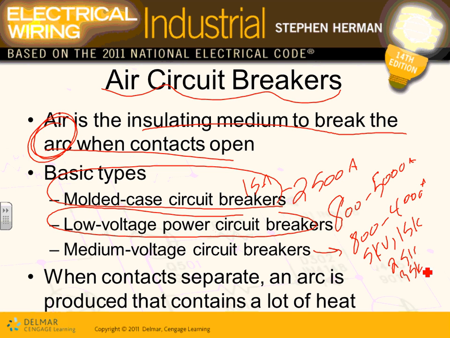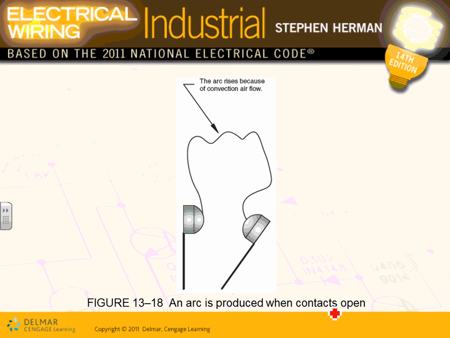When you open the contacts, guys, you always have an arc, and the arc has a lot of heat that needs to be dissipated. So designing all these circuit breakers will be different, the way they design them to get rid of all this arc and all this heat. So here's what happens, Adam, when you have a short circuit and you open the contacts. There will be a huge amount of arc coming in this.